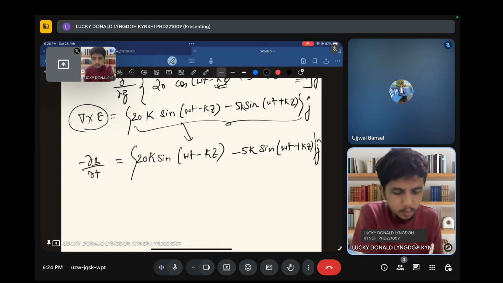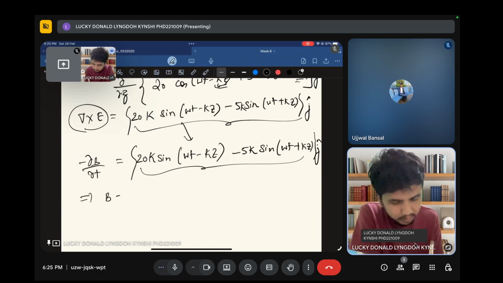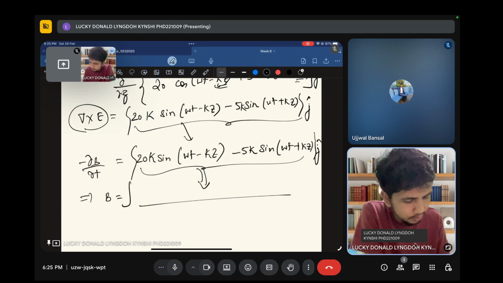So how do we get B? You just need to integrate this, which is pretty straightforward. So what is your value of B? Your value of B is the integration of this term with respect to dt.